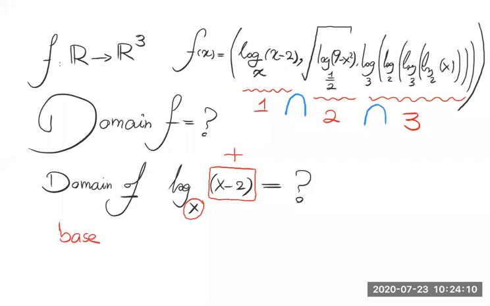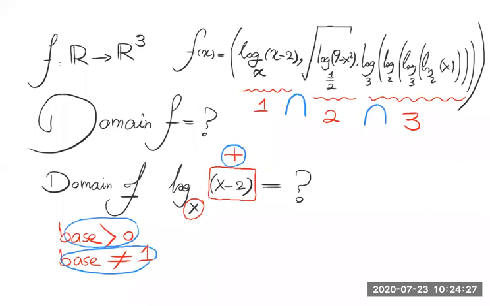Base should be positive and base can't be 1. So there are 3 things. This guy, x minus 2, should be positive. Base should be positive. Base can't be 1. Write down these three things and see what we are going to get.